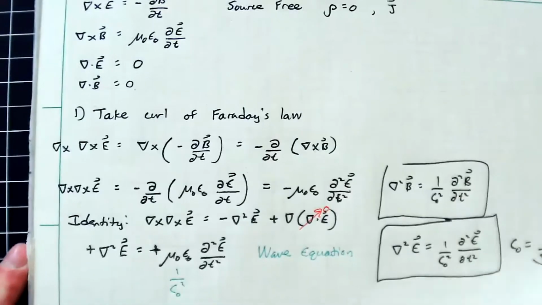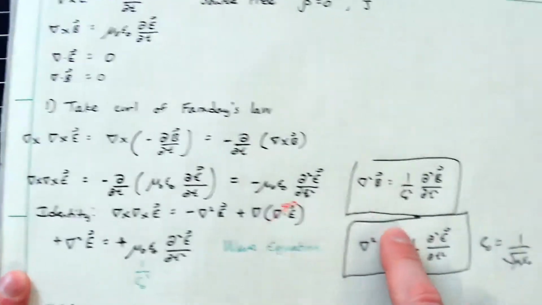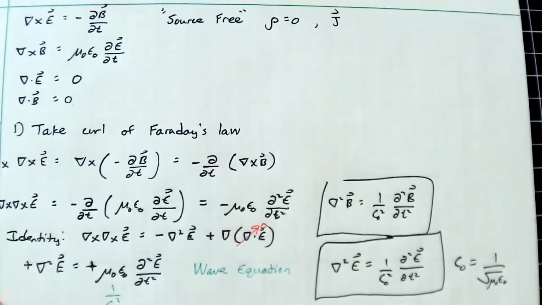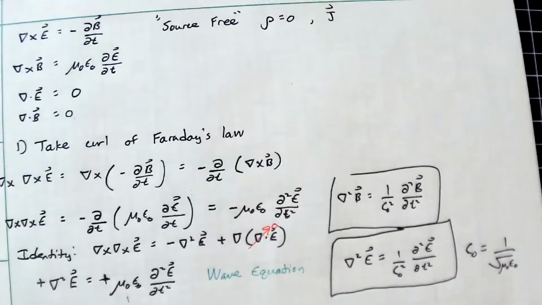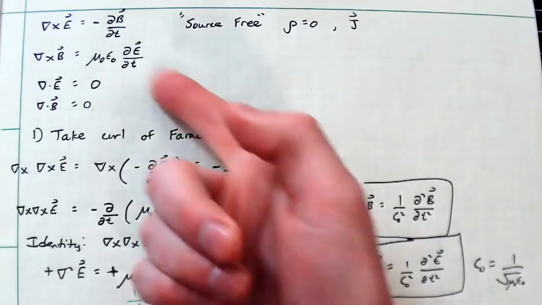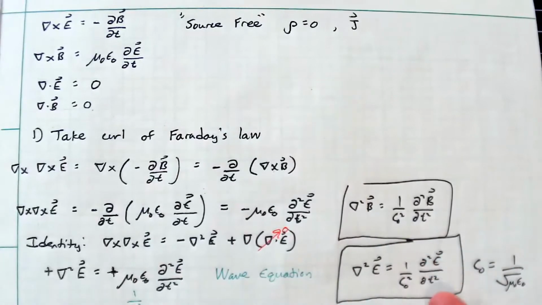And those waves happen to propagate at this particular velocity, which just so happens to be 2.99 times 10 to the 8th meters per second. So right there, buried within Maxwell's equations, we have a wave equation that predicts the existence of electromagnetic waves propagating at this speed, which we now, with the benefit of hindsight, know is the speed of light.